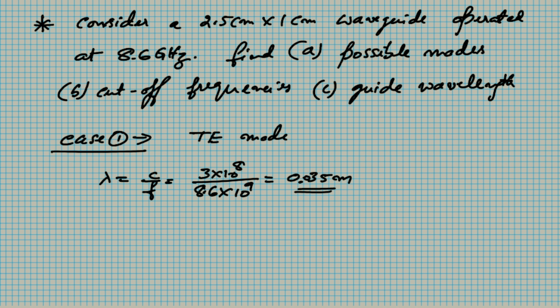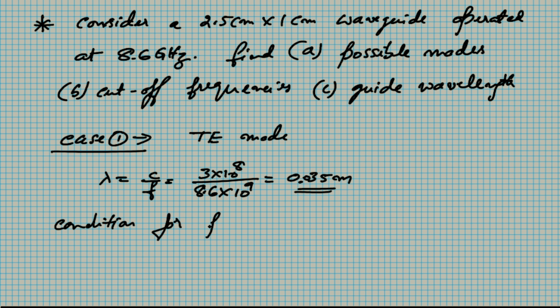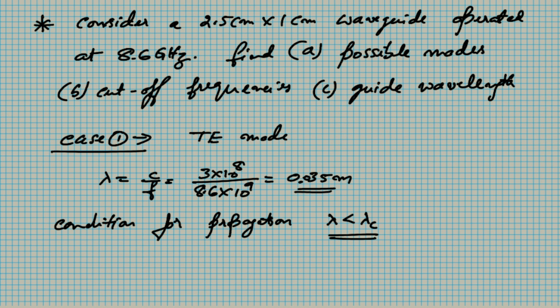Now the condition for propagation: whichever lambda you find, that lambda should be lesser than lambda c, irrespective of which mode it is. The wavelength should be lesser than lambda c is what I need to check.